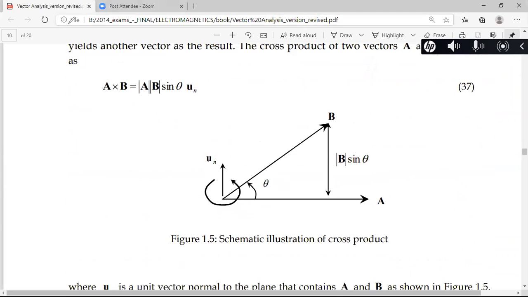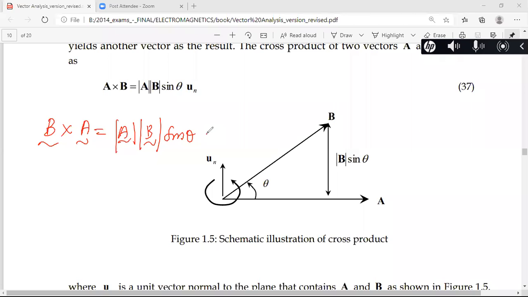So here you can find A cross B, and similarly you can define B cross A. The only difference is that with sine theta you are getting the minus UN direction. If you take B cross A, the direction of the unit vector is along this way. This is minus UN.